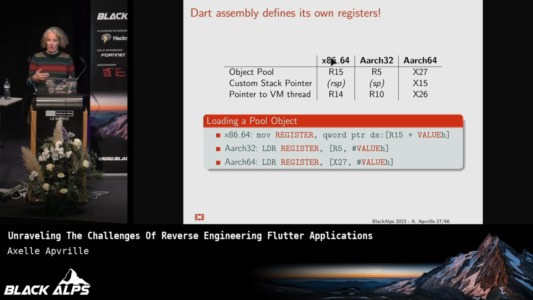On other architectures, it's going to be something else: R5, X27. So what we do is say, I want to move to R15 plus the offset of the index of my flag multiplied by 8. And this value, I'm going to put in some other location that I want to keep.